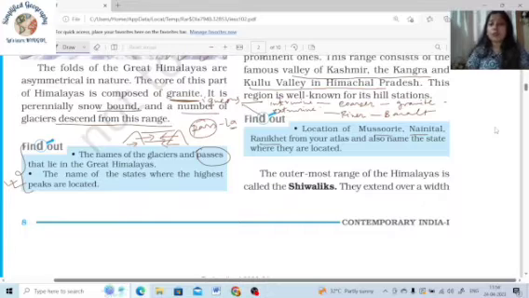Okay, moving on to the Shiwaliks. So after Himadri, Greater Himalayas, Lesser Himalaya, Himachal, what are we getting? We are getting Shiwaliks. All of these are longitudinal or north-south divisions.